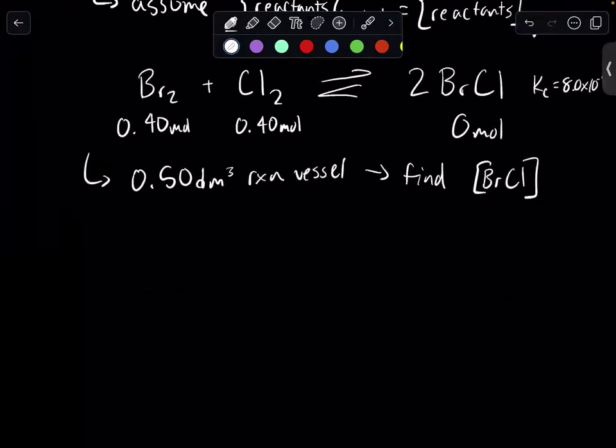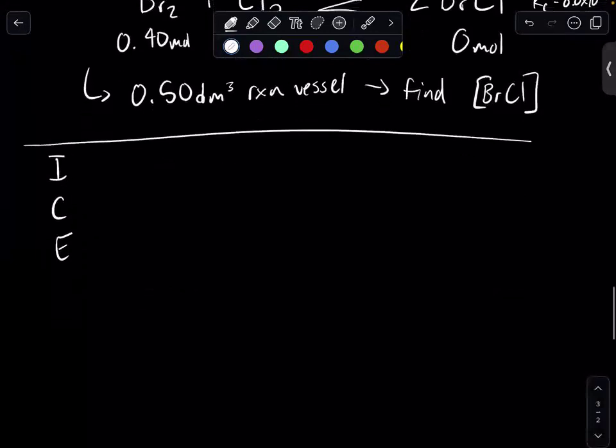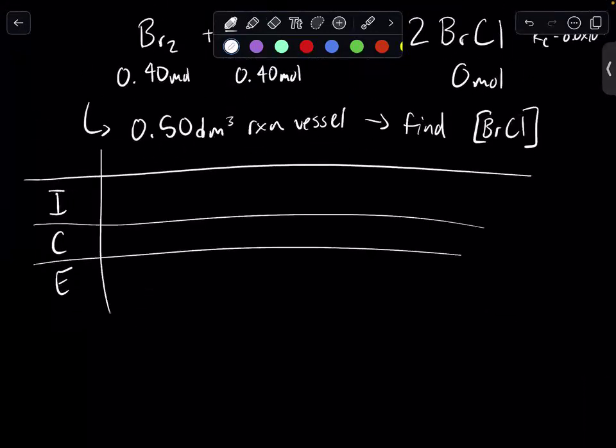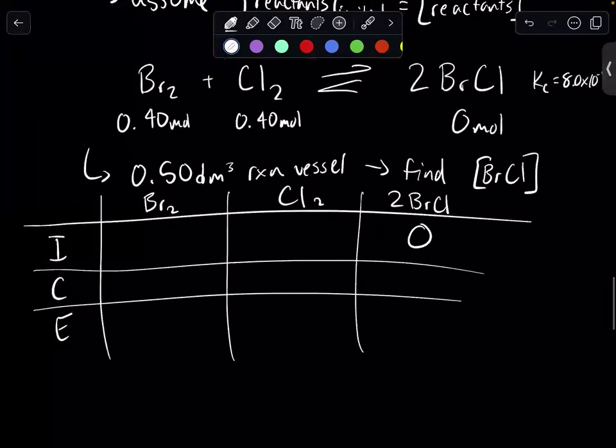So the way we'll do it is once again set up our ice table. Create our space for our reactants. Start with bromine, start with chlorine, and 2BrCl. Keeping coefficients, once again, is very important. We know we start with 0 BrCl.